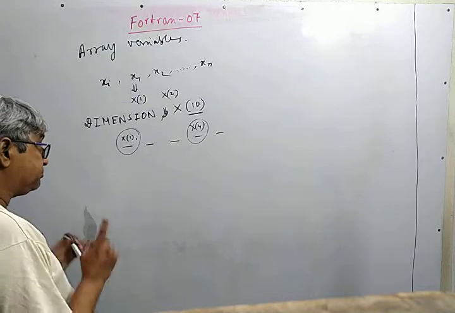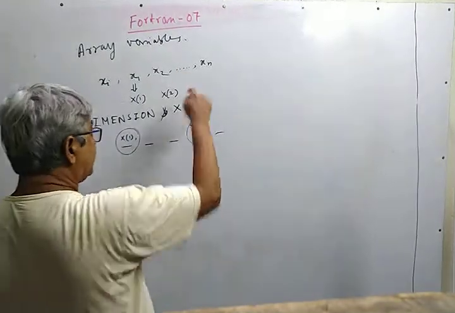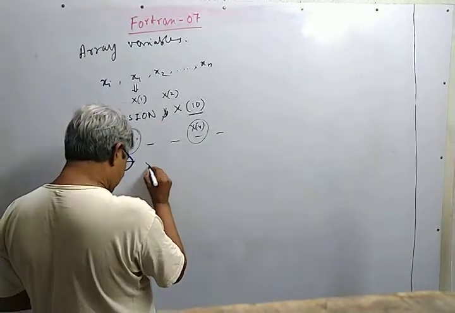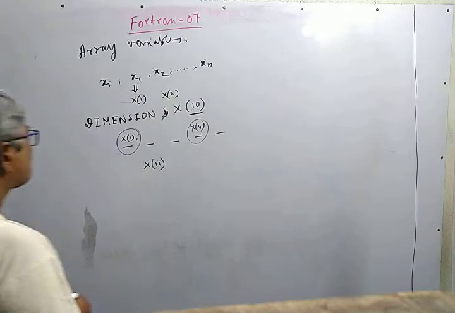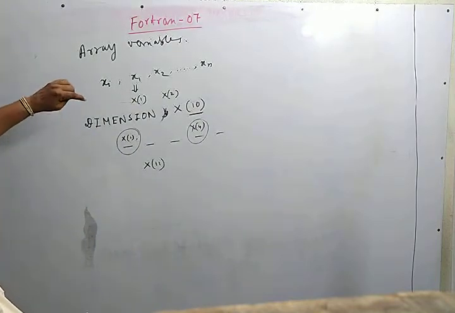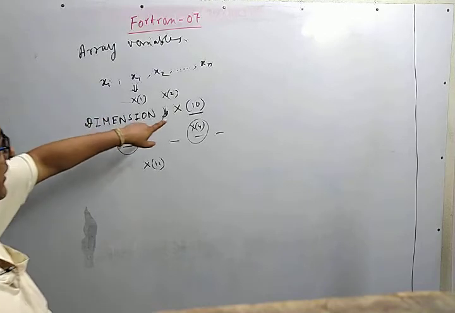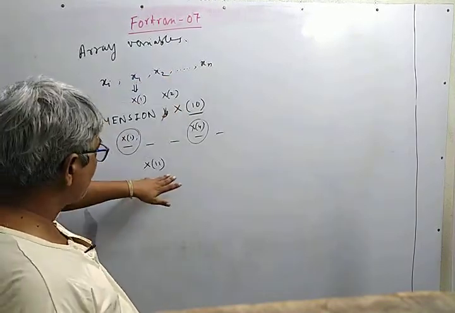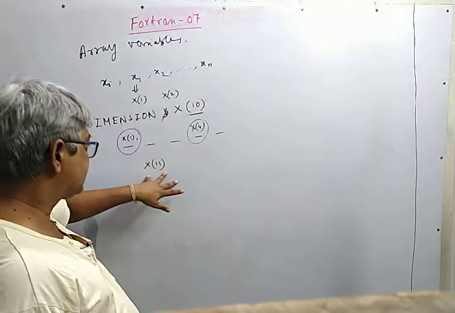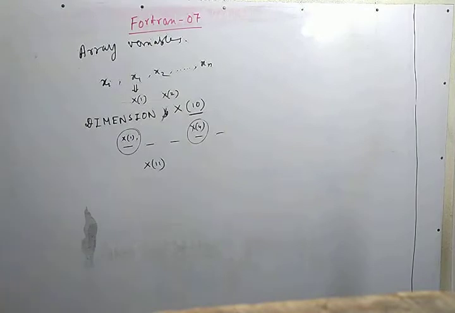But a problem arises if one assigns x11, say x11. So at the beginning of the program we have said, taking this one as the example, that x is a real variable which can have at most 10 values, and we are providing x11 which is in direct contradiction with this.